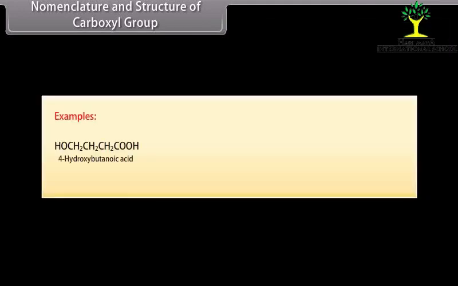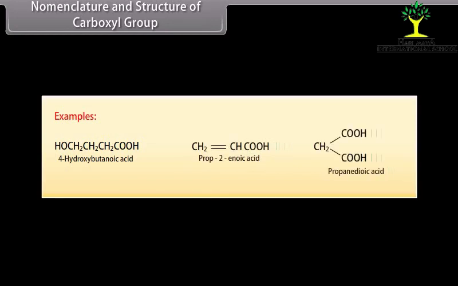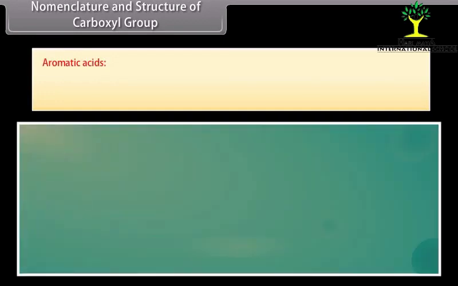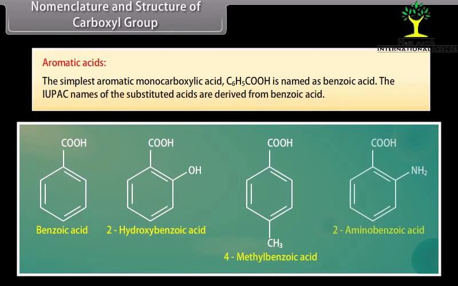Examples: 4-hydroxybutanoic acid, prop-2-enoic acid, propanedioic acid. Aromatic acids. The simplest aromatic monocarboxylic acid, C6H5COOH, is named as benzoic acid. The IUPAC names of the substituted acids are derived from benzoic acid.